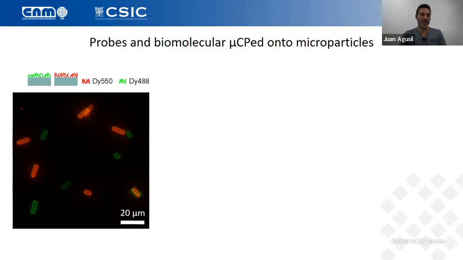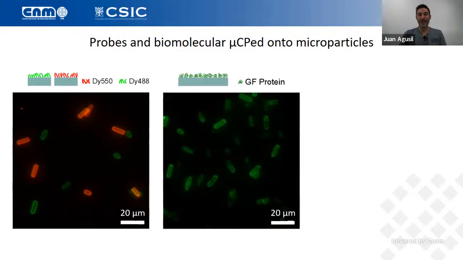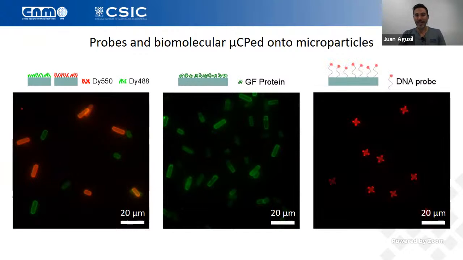The image that you see is a collection of a lot of these microparticles that were functionalized and then released, with fluorescent microscopy. Then again, we can follow the same procedure to attach proteins or other kinds of biomolecules like DNA. Both of these exhibit fluorescence, either naturally, like the green fluorescent protein in the center image, or with a fluorophore dye attached to the DNA probe.